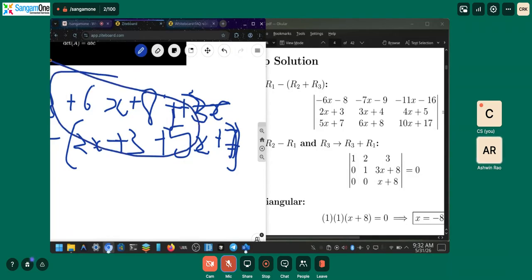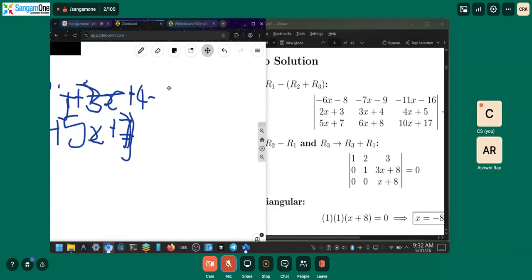This is the separate element 3x plus 4, minus, plus 4 minus.